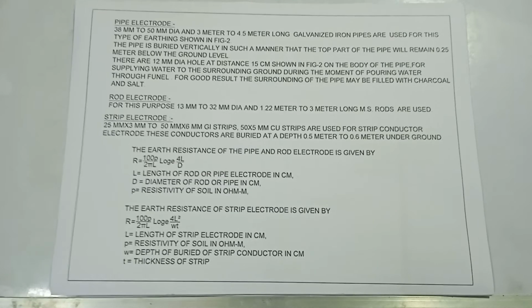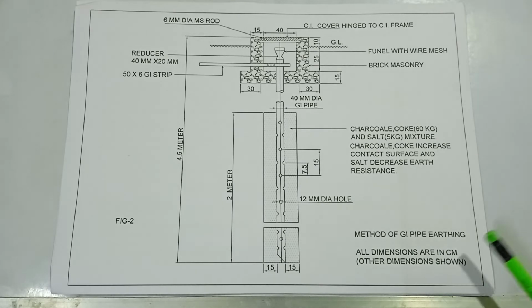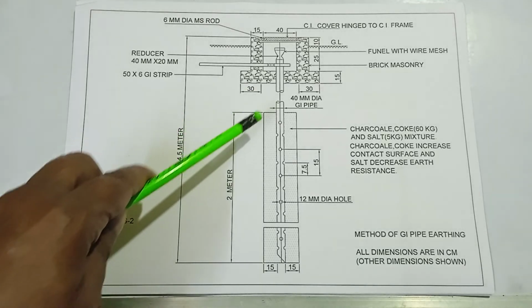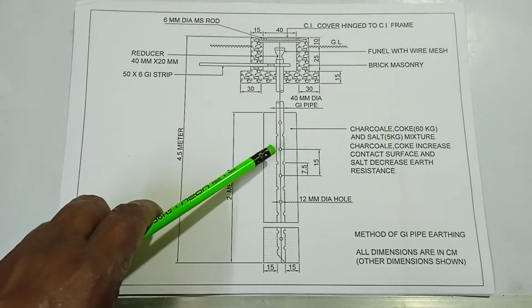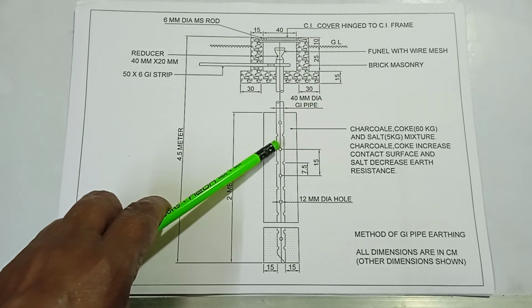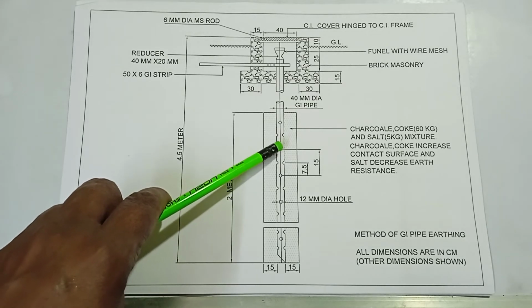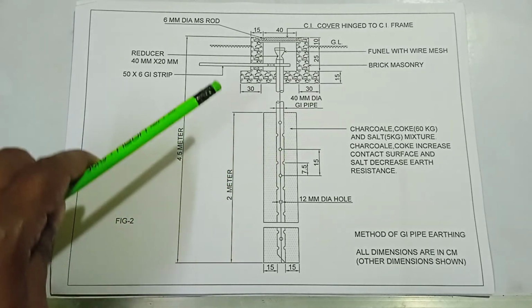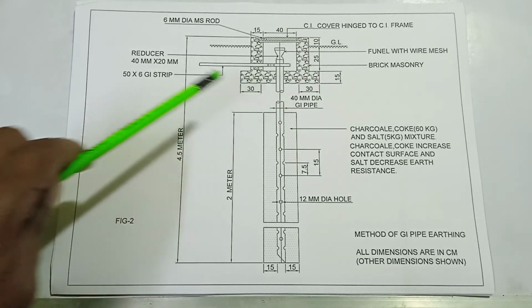Here is the method of GI pipe earthing. It is the GI pipe. Here is the 12 mm hole at a distance of 15 centimeter. 40 mm dia GI pipe.